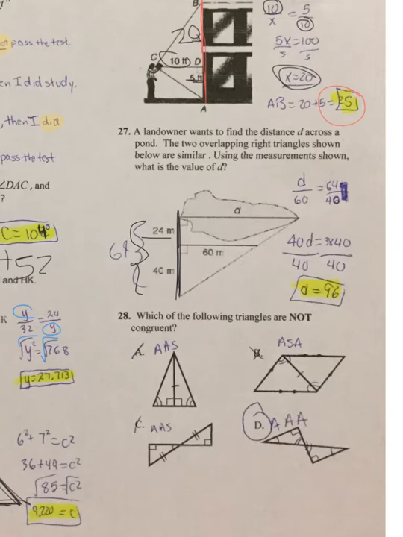So proportion here, d over 60 equals 64 over 40. Cross multiply, 40d equals 3,840. Divide by 40, you get 96. A lot of you got 36 the first time, which obviously should not make any sense, given that this is supposed to be longer than the 60 below it.